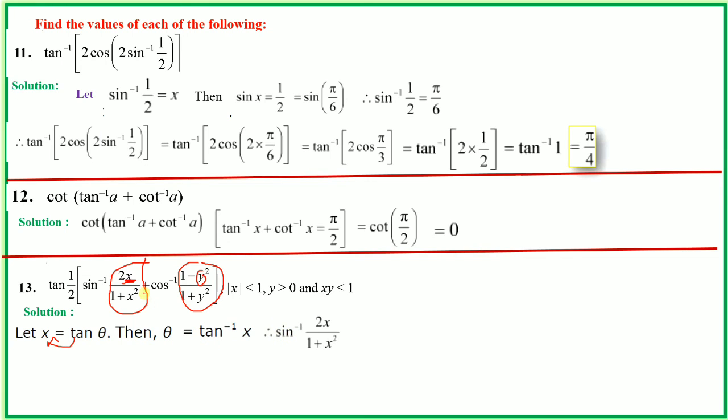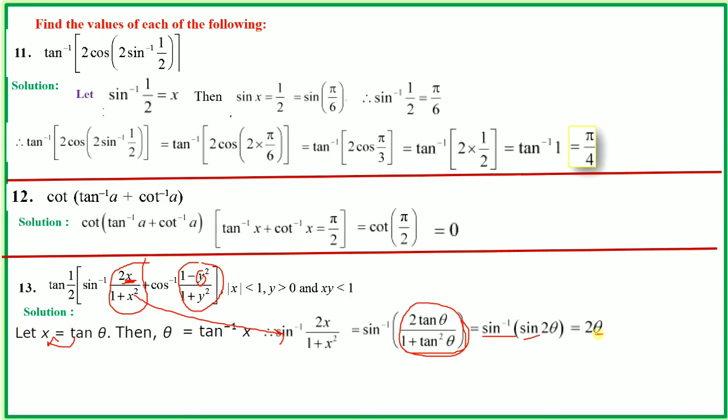And then from above, sine inverse 2x upon 1 plus x square will be equal to sine inverse 2 tan theta upon 1 plus tan square theta. As I told you, this is the formula for sine 2 theta. So this is equal to sine inverse sine 2 theta, and sine inverse cancels, so 2 theta, and theta is equal to tan inverse x, so it is equal to 2 tan inverse x.